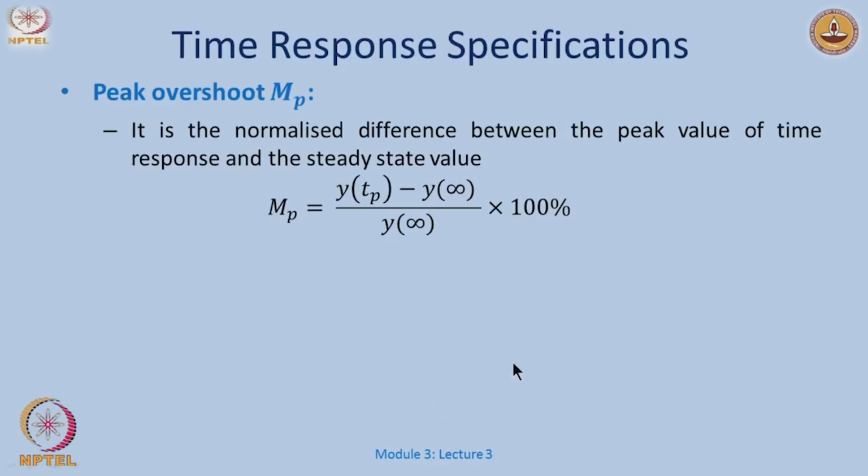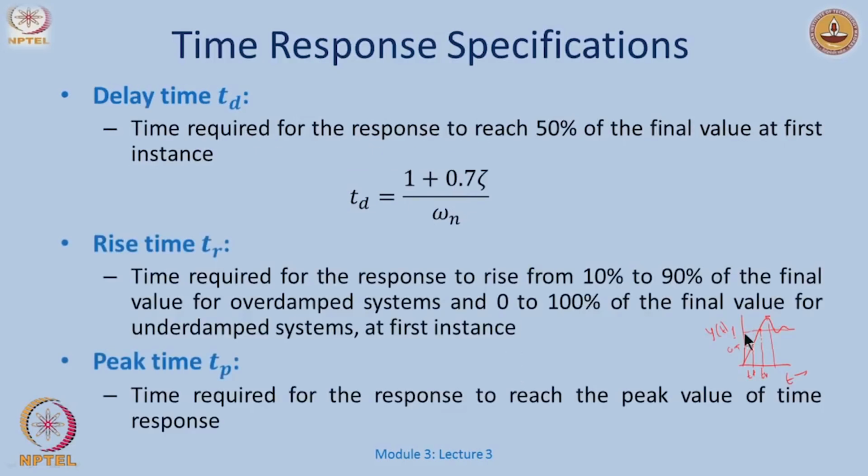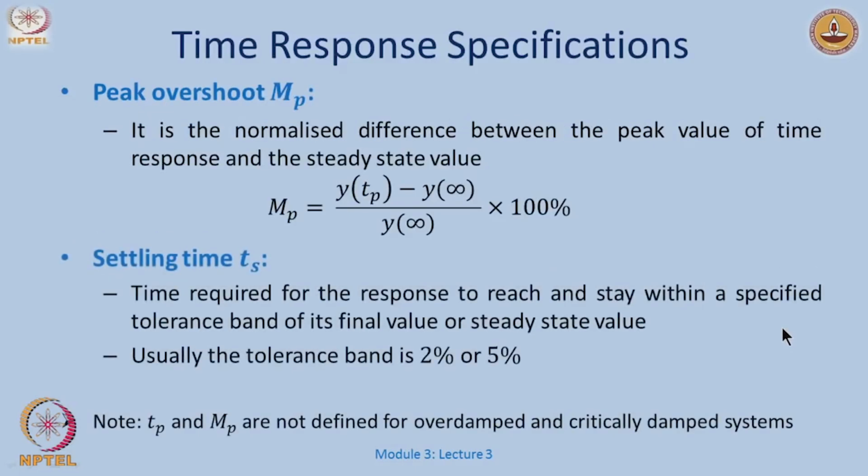In this case where the steady state value is 1, I would say the settling time is when it reaches 0.98. We had derived the settling time concept earlier for first order systems.